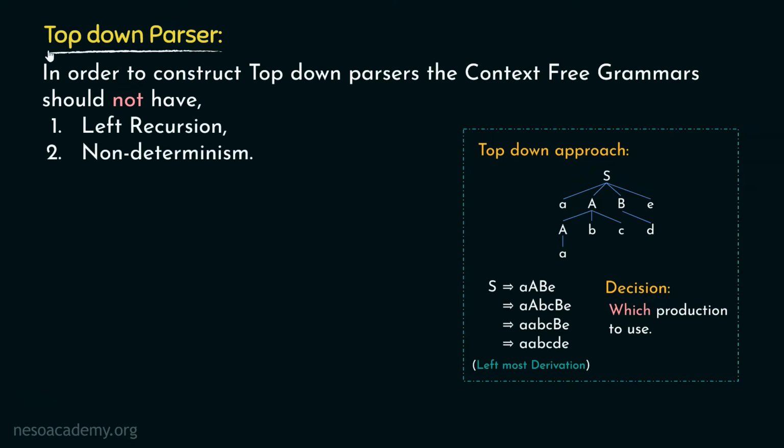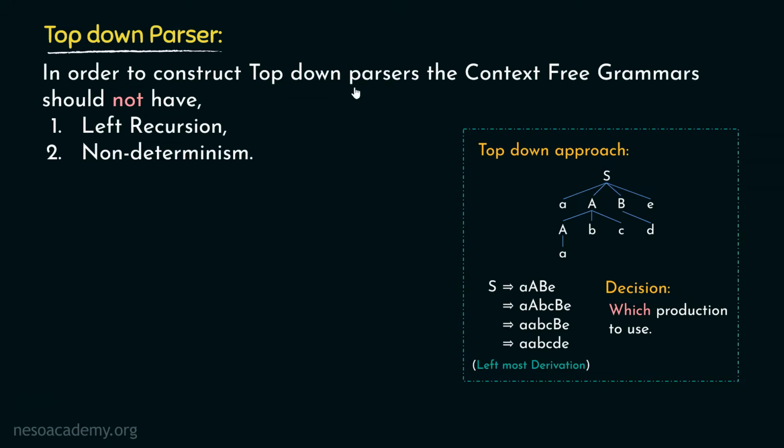That is, the top-down parsers without backtracking, because top-down parsers with backtracking actually allow non-deterministic context-free grammars. However, we are not interested in those. We are rather interested in the top-down parsers without backtracking.